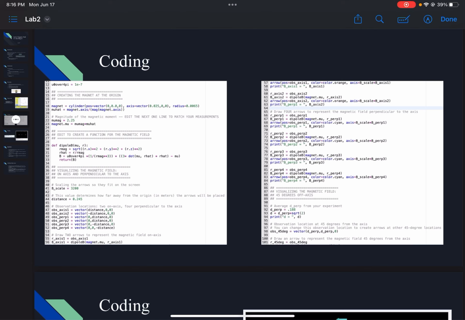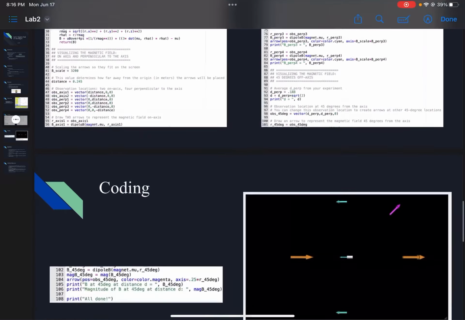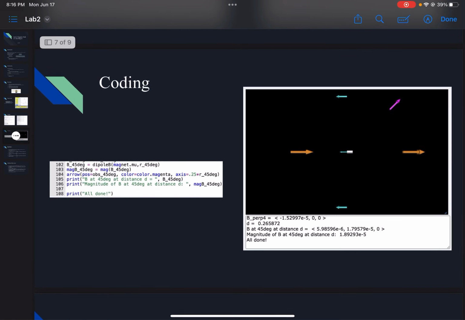And then we created arrows, like the scaling and observation locations. The arrows represented two different equations. And yeah, our result was this for our coding.